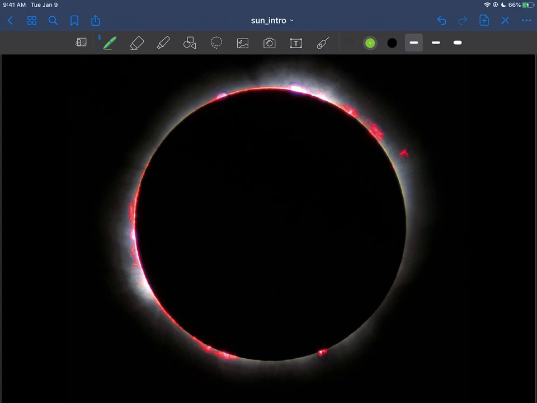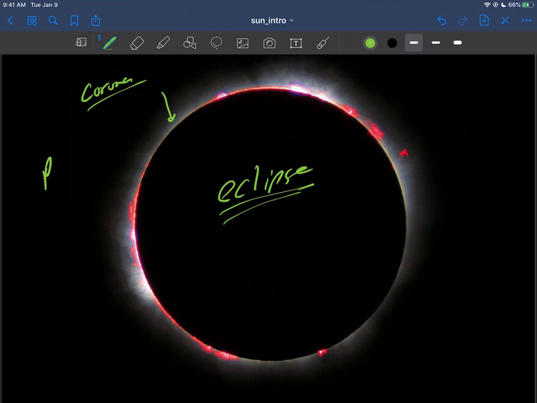Okay, so what we see here is the sun during an eclipse, and I showed you this in previous videos. And of course, if you look out here, this white wispy stuff is the corona. So that was on the last slide about the structure of the sun. And this pinkish region that you see all around the sun, that's the chromosphere.